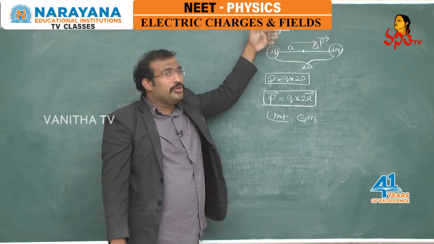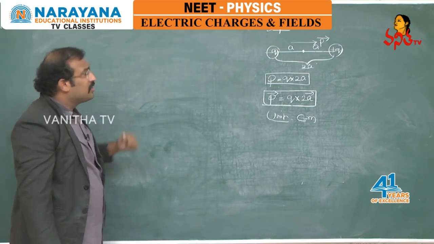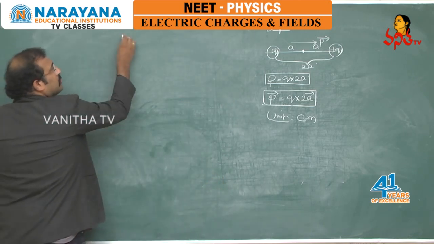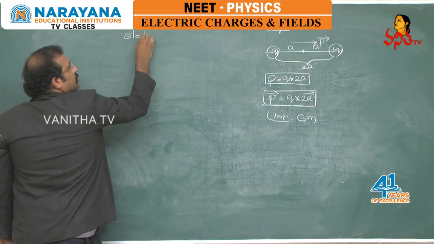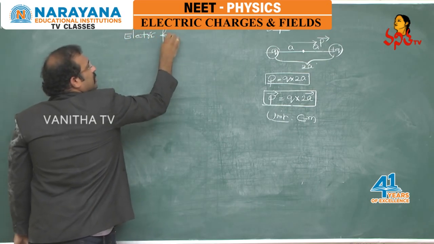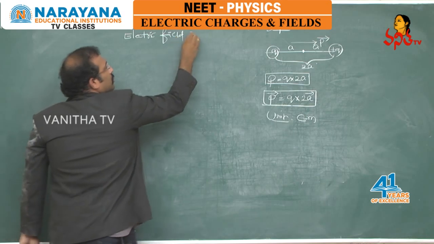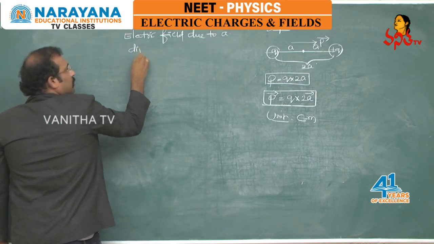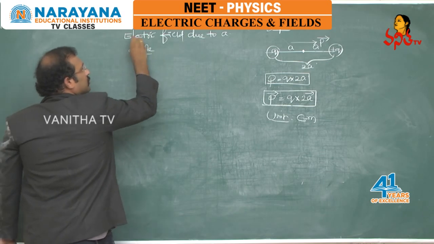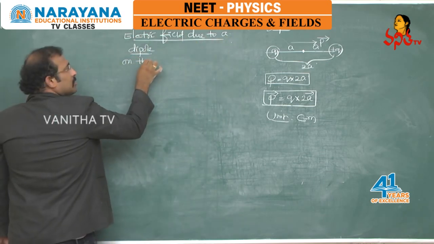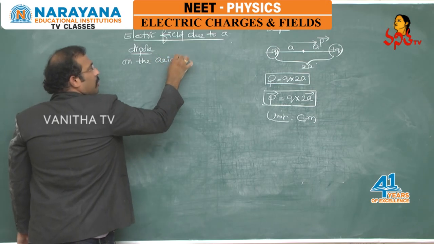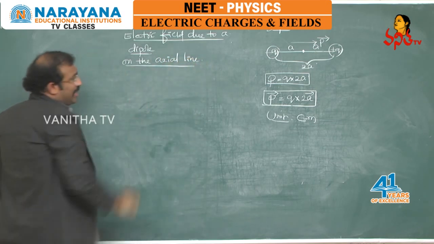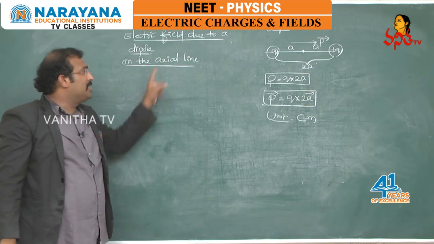Electric field due to a dipole. Let us see the electric field due to a dipole on the axial line. What is this axial line?